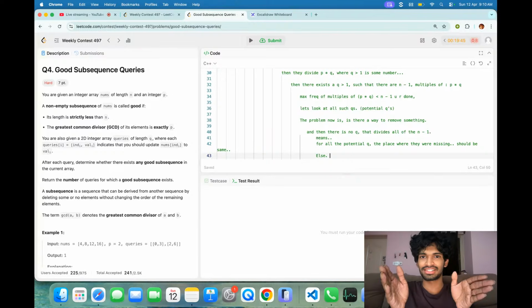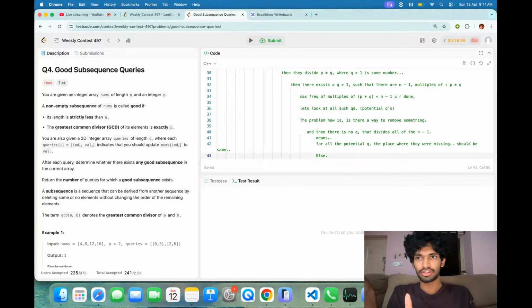And if the place is actually differing, then you cannot remove something and expect everything will be there, because you can remove this thing, but then there are values that are there on more than n minus 1 things, okay?